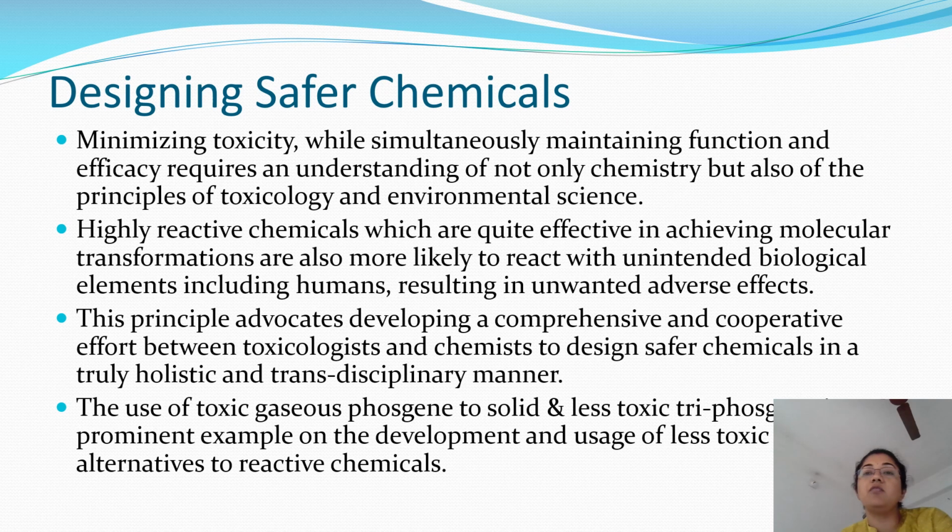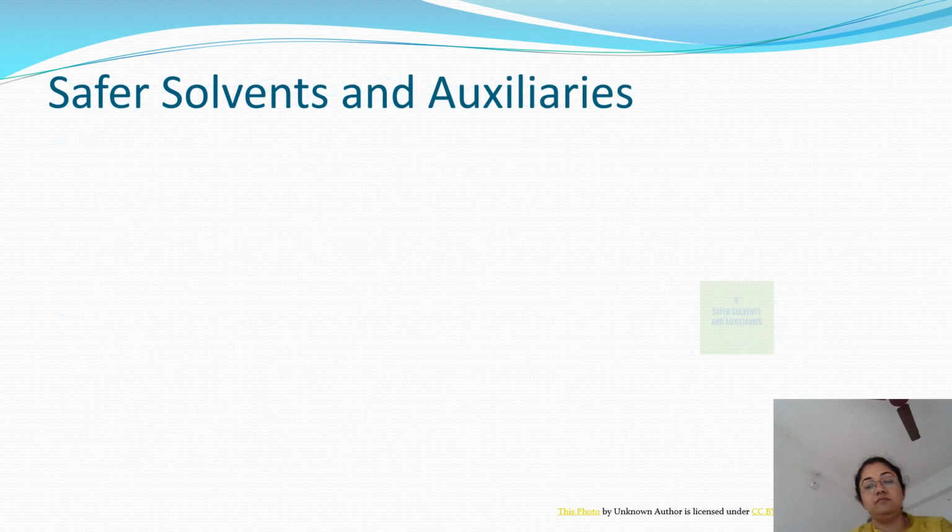It requires an understanding not only of the chemistry of the chemicals but also of the principles of toxicology and environmental science. Highly reactive chemicals are quite effective in achieving molecular transformation, but they are more likely to react with other biological elements, including human beings, resulting in unwanted adverse effects. So we must try to minimize their usage. Wherever there is some substitute, we should go with the substitution.